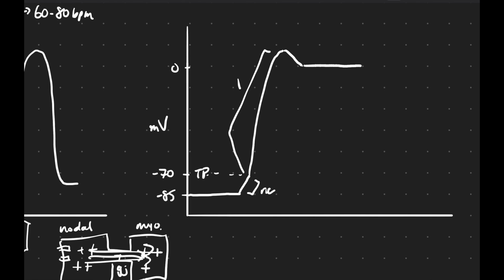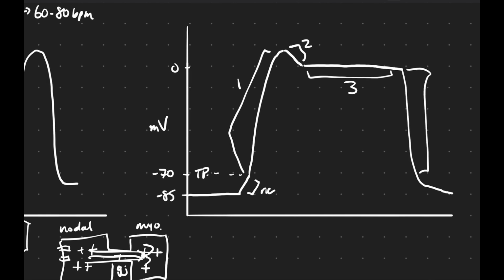So we're going to have relatively no change at 0 millivolts, and then finally we're going to have our delayed rectifier potassium channels open, and we're going to go back to about that -85 mark. Okay, so this is the second part, this is the third part, and then we have that final part.